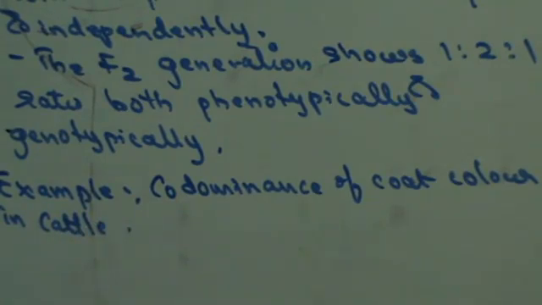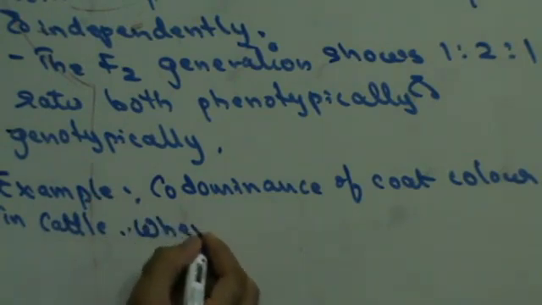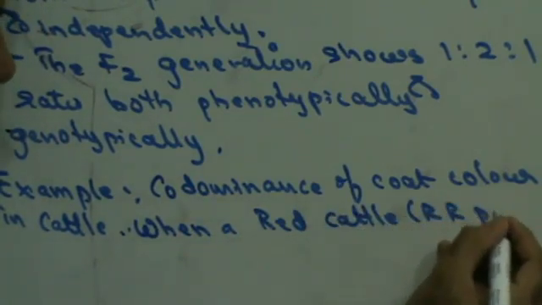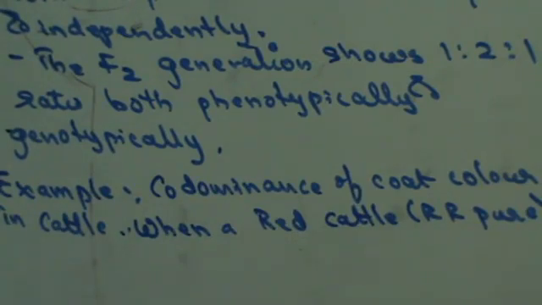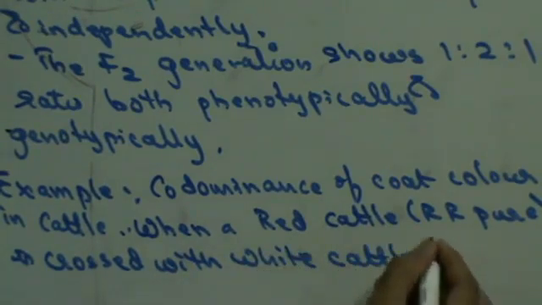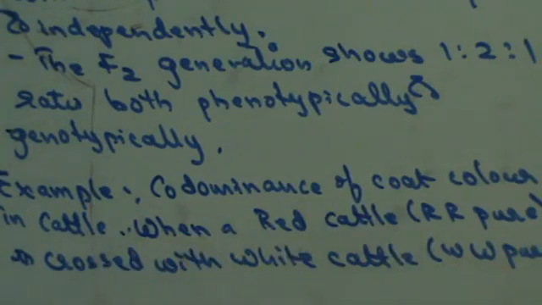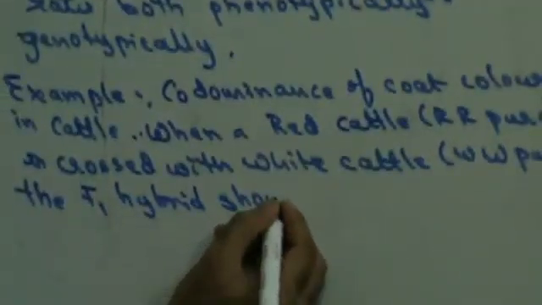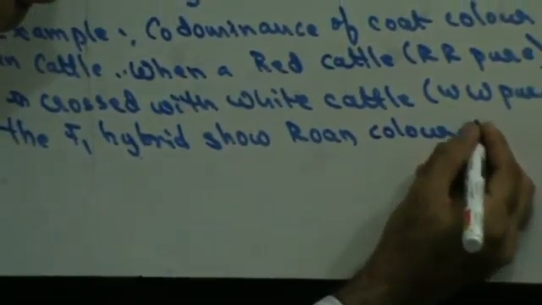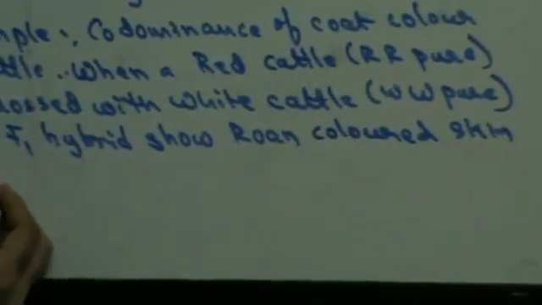In this, when a red cattle, RR pure, is crossed with a white cattle, WW pure, the F1 hybrid shows roan colored skin, and that's your RW.